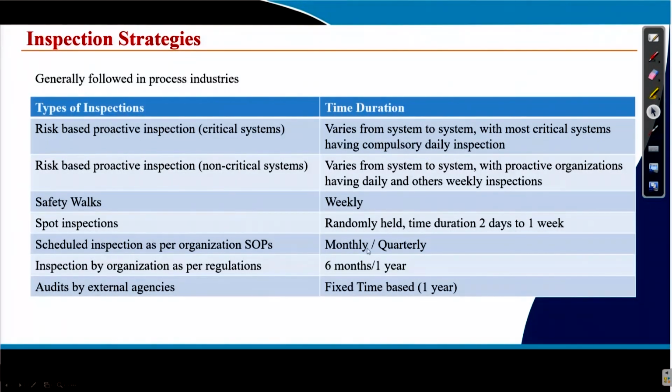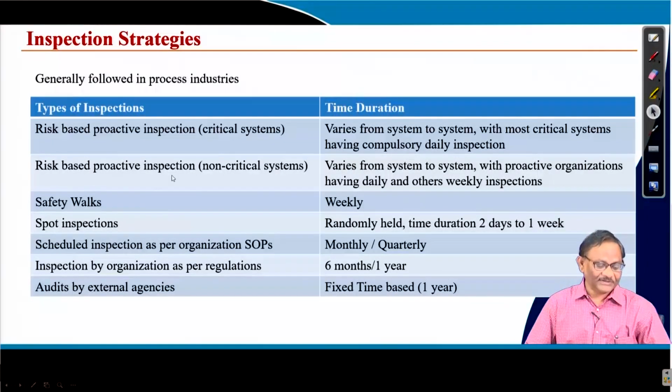Then we talked to people who are in industries, and we tried to understand what kind of maintenance they are doing, which we call inspection and maintenance strategies. First we asked about the inspection strategies, and on the next slide I will show you the maintenance strategies.